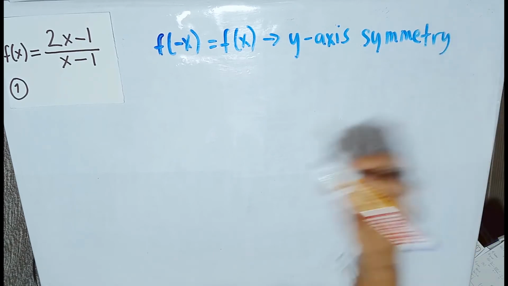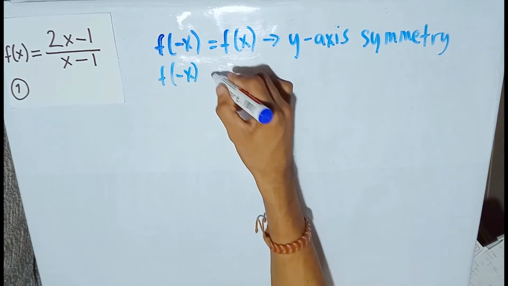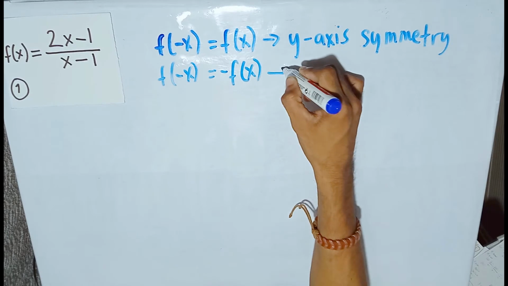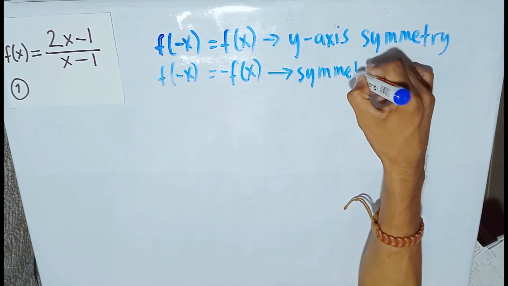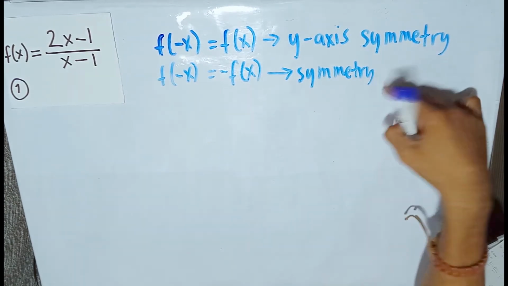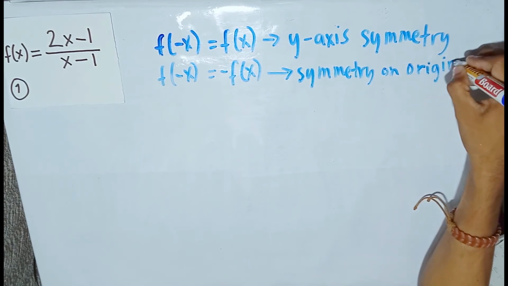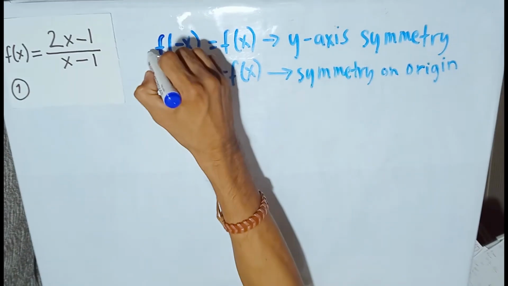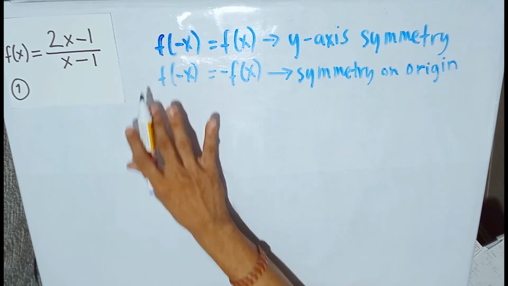Kapag naman yung isa, f of negative x, yung result is negative f of x, magkakaroon tayo ng symmetry sa origin. So etong unang ito, ang tawag natin dyan is even function, at pangalawang ito is odd function.